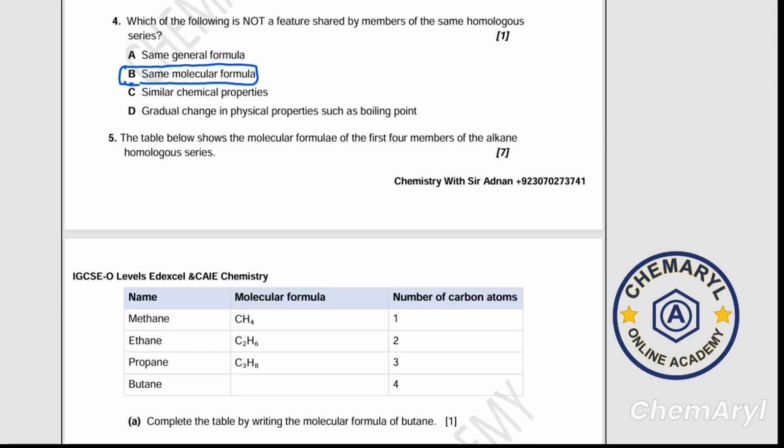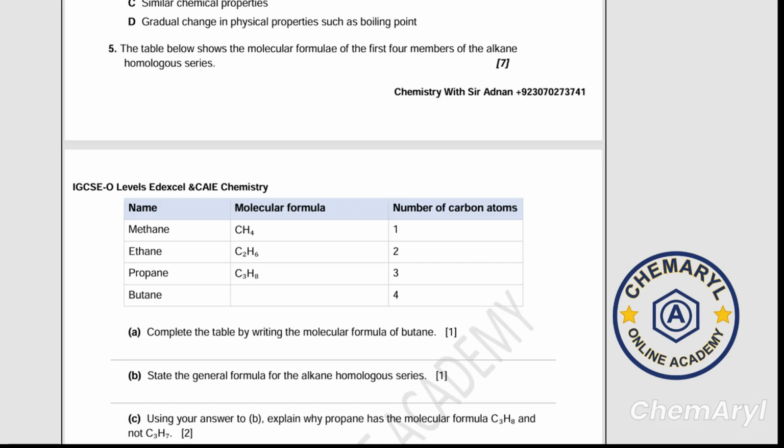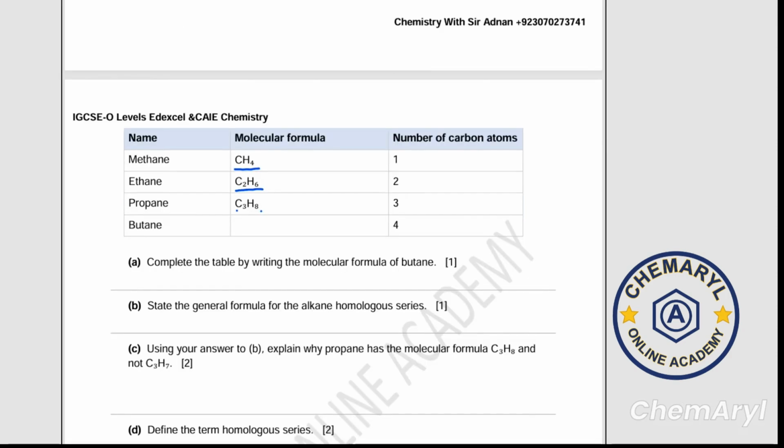Question number 5. The table below shows the molecular formula of the first 4 members of the alkane homologous series: methane CH4, ethane C2H5, propane C3H8, and butane, whose molecular formula is missing here, but it has 4 carbon atoms. Complete the table by writing the molecular formula of butane.